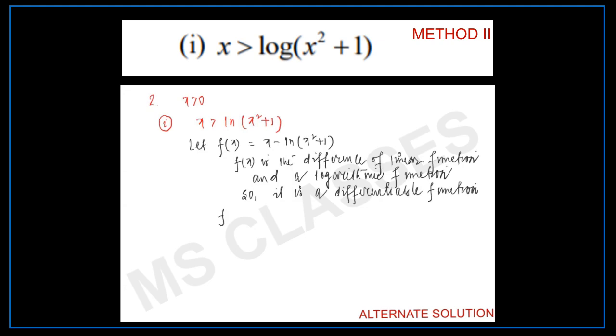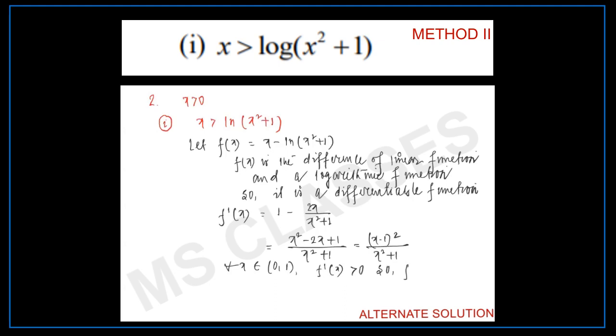Now on differentiating, we get f dash x equal to 1 minus 2x by x square plus 1, which on simplification gives x square minus 2x plus 1 by x square plus 1, that is, (x minus 1) whole square by x square plus 1. Now, for all x belongs to 0, 1, f dash x is greater than 0.